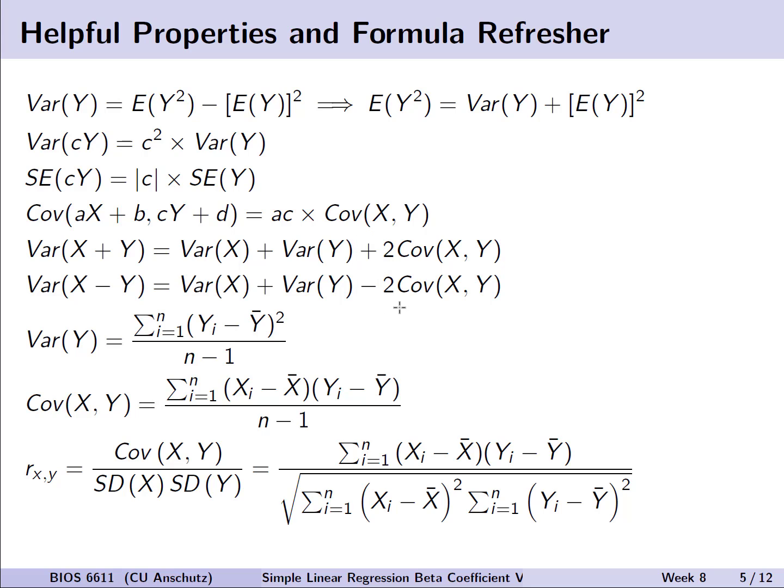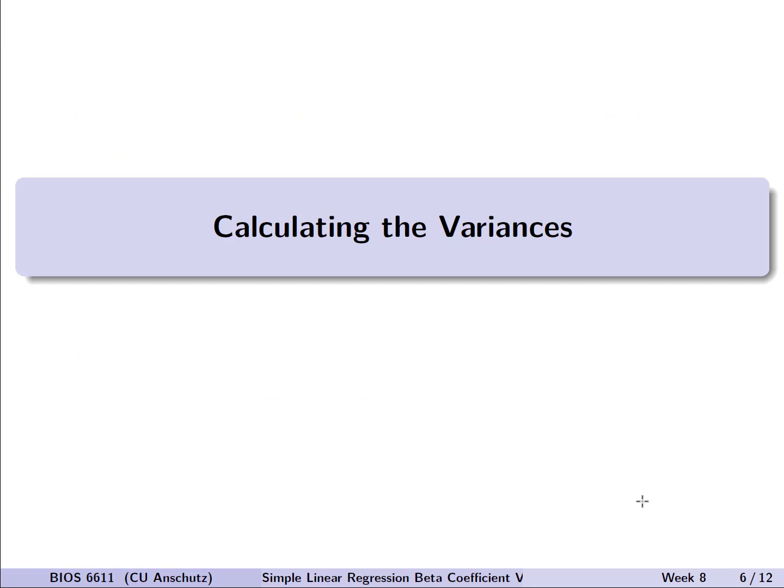Then just some refreshers as well. We do have those formulas that we could use to calculate the variance and the covariance if we had the original data. And we also see below here an equation for the correlation coefficient, the Pearson's linear correlation, which may be useful just to note and keep in mind. So with that, let's move to calculating the variances.